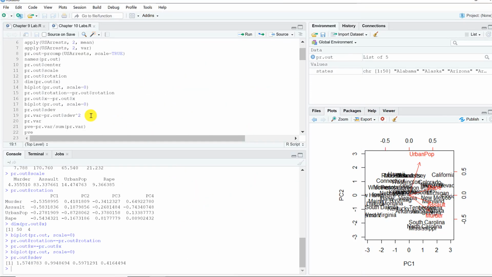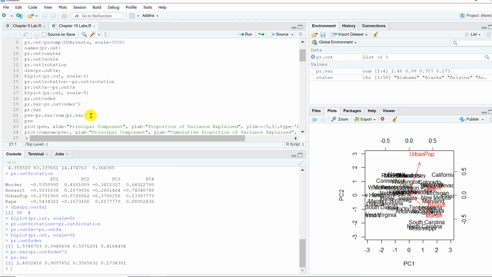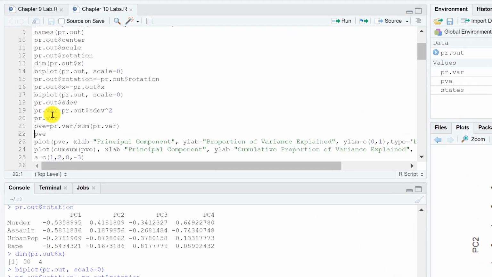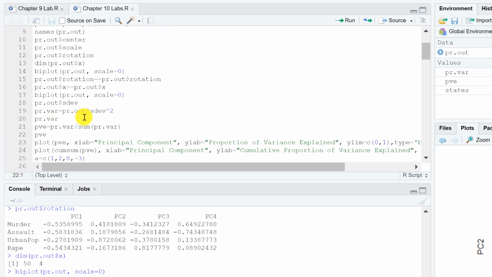And then we could get some more information about the principal components here, and now we are going to compute the amount of information contained in each principal component, which is equal to the variance in the direction of that principal component. So pr.var, we've set that equal to pr.out, taking the standard deviation out of that pr.out structure and then squaring it to get the variance.